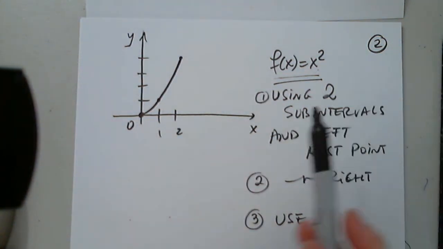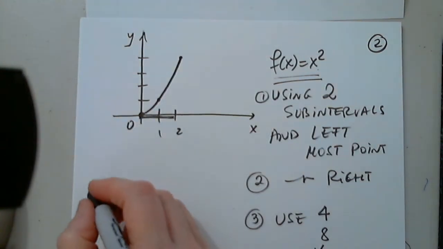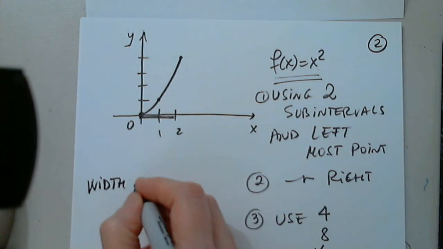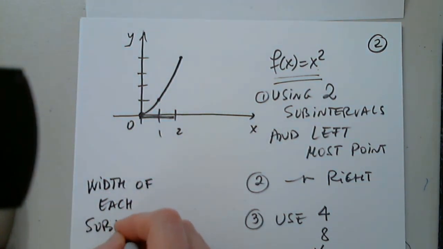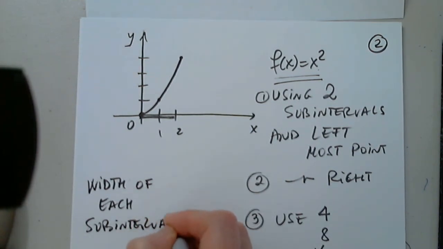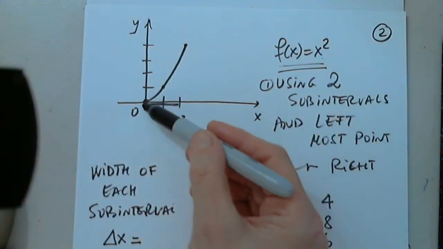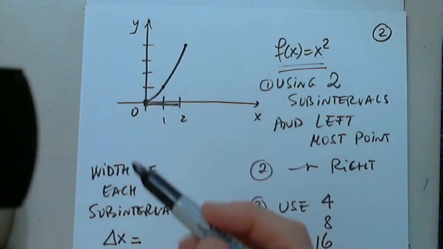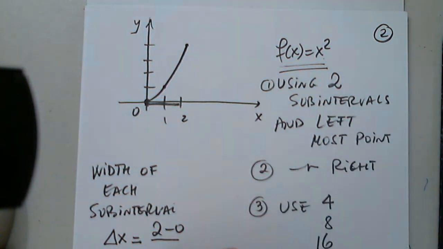So if I have 2 subintervals and the length of the entire interval is 2, the width of each subinterval, of course, is our favorite delta x by now, and that is the length 2 minus 0 divided by 2 subintervals.